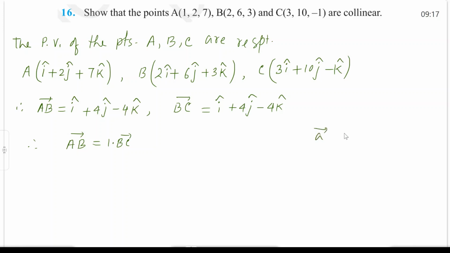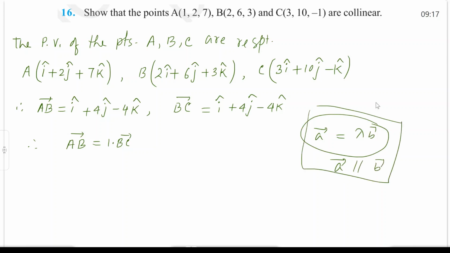If you have A bar equal to some lambda into B bar, then what is the conclusion? The conclusion is A bar is collinear to B bar, or A bar is parallel to B bar. This was the conclusion of these types of relations. So here also lambda is 1. So AB bar is equal to lambda into BC bar, you can say that therefore AB bar and BC bar are collinear. So AB and BC are collinear, meaning like this.